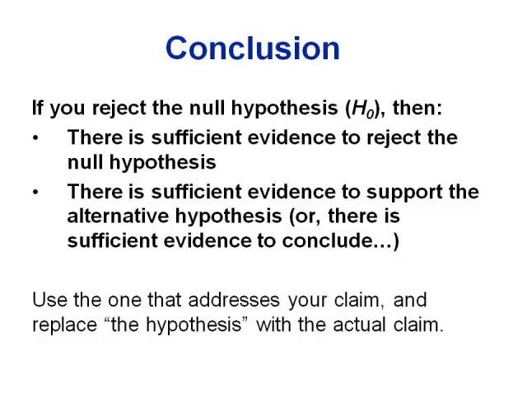Then you were pretty sure there was sufficient evidence to reject that null hypothesis, and that's the phrasing that we'll use. That means that there's also sufficient evidence to support the alternative. Now you need to look at which one was the actual claim and talk about that one. So if the claim was the null, then you'll say there's sufficient evidence to reject the claim that blah blah blah. If the claim was the alternative, then you'll say there's sufficient evidence to support the claim that blah blah blah.